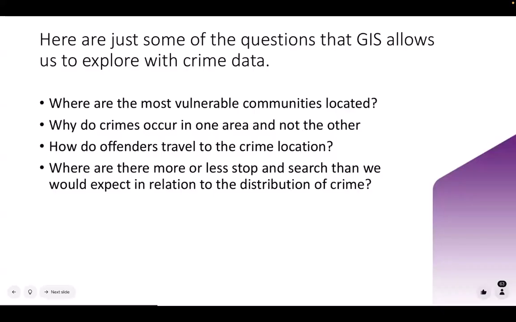Maybe you want to use GIS to understand why crimes occur in one area and not the other. Now, if you come from a criminological or sociological background, you'll know that there are lots of crime theories that explain why crime occurs in some places and not others, such as the routine activity theory, situational crime prevention theory, the broken windows theory, crime opportunity theory, but also the crime pattern theory.